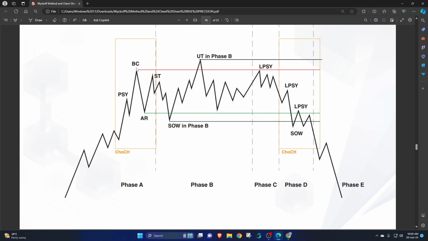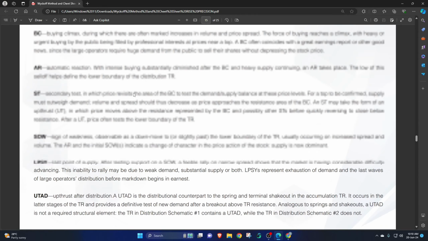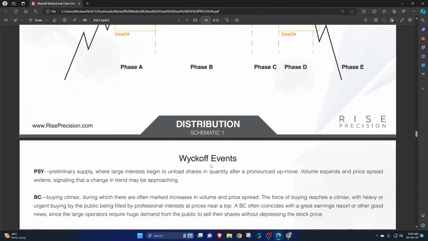Now, I won't go through all of these phases. There are five phases, basically. The markup happened, then the distribution, and then we have the markdown. I won't go through all of these Wyckoff events.